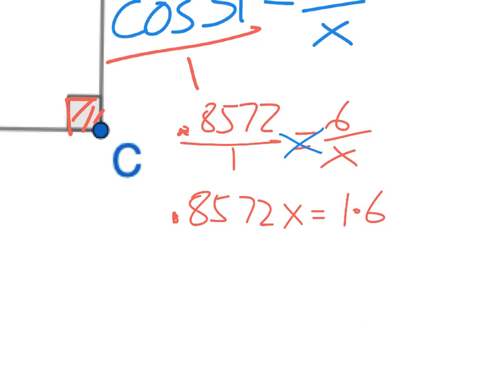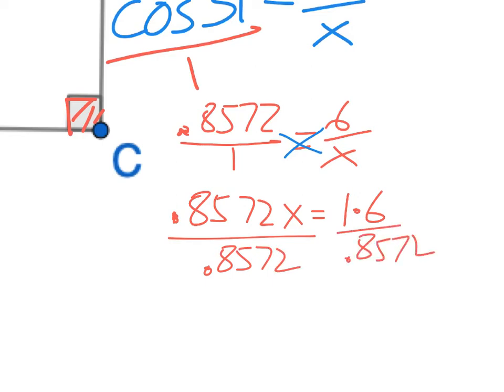And then we've got to divide both sides by 0.8572. And so we end up with x equals 6 over 0.8572, or I might even say x over 1. Now notice this. What happened after this step here?